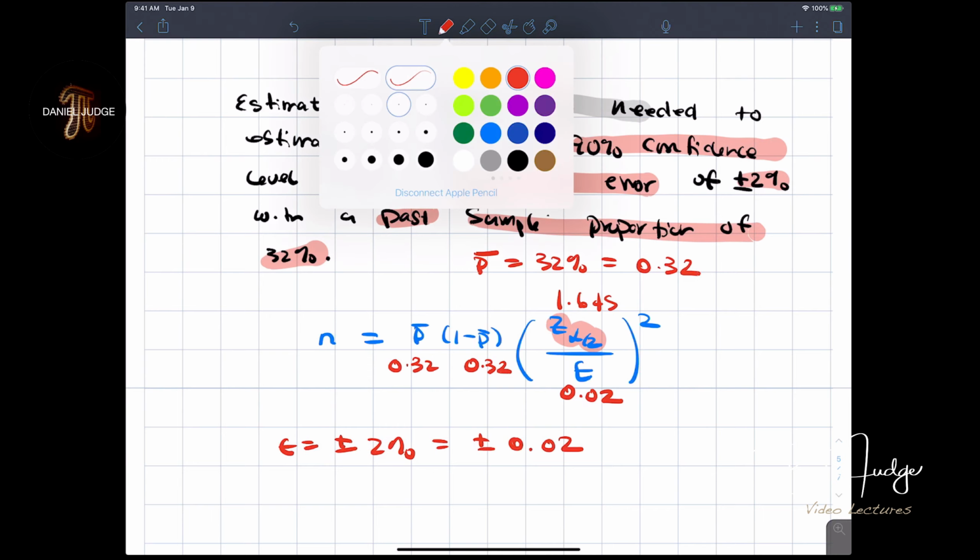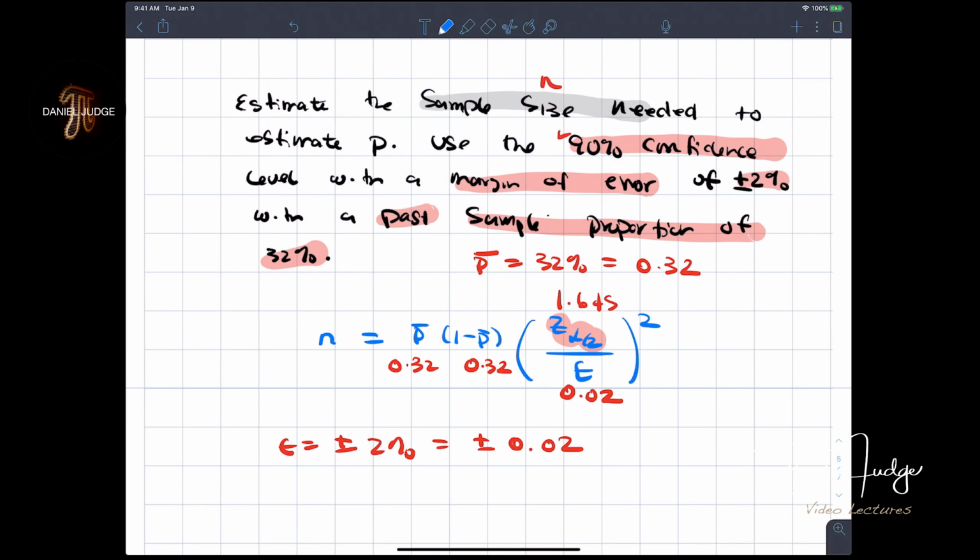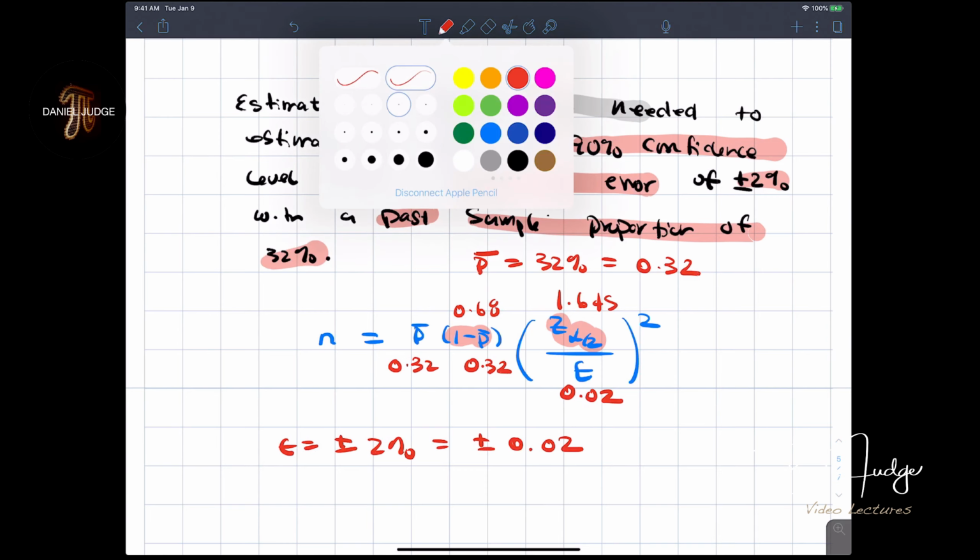So remember, I always clarify things, and then I want to talk about this portion here. Because 1 minus 32%, ladies and gentlemen, get this right. Don't make a mistake. I see it happen all the time. It is 68%. That's the complement of 32%. So make sure you get the right percentage. People make that mistake all the time.